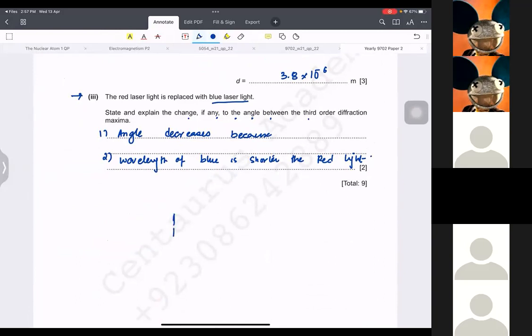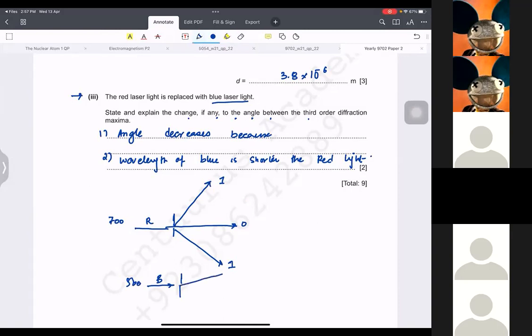If this is a slit and there's a red light, the wavelength is around 650 to 700. So red basically, if this is the zero order, would spread more. If this was blue light passing through the same slit, blue is around 450 to 550, so it is a smaller wavelength.